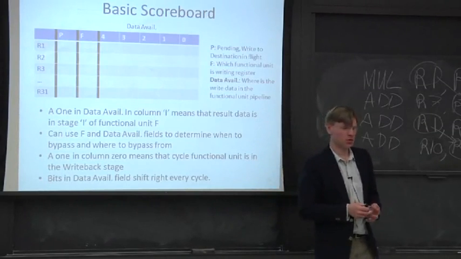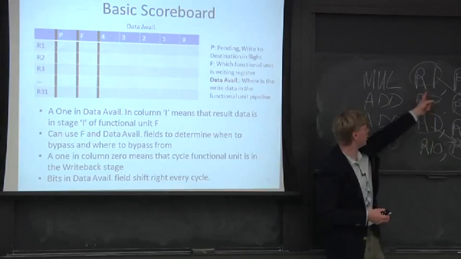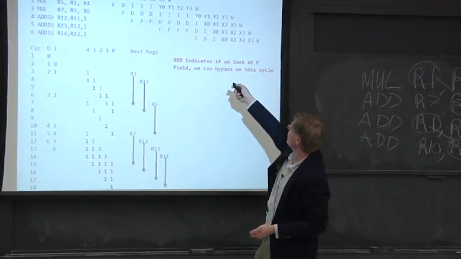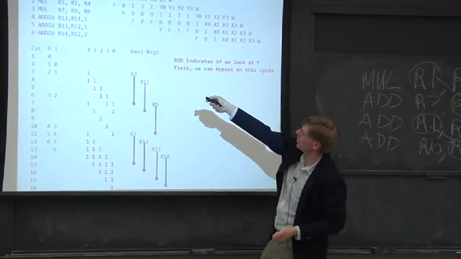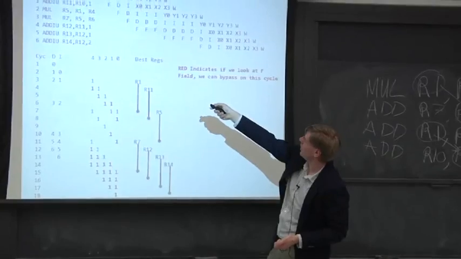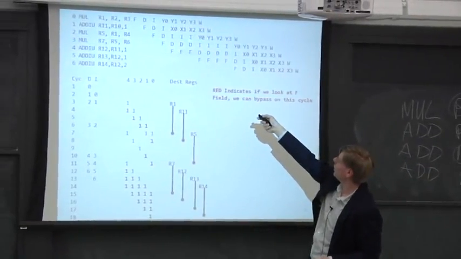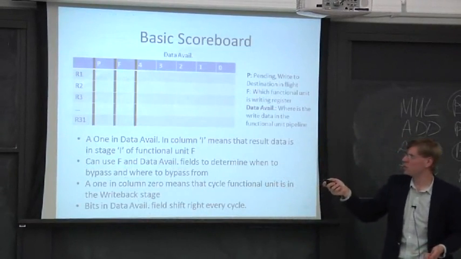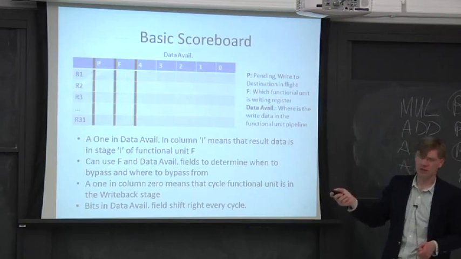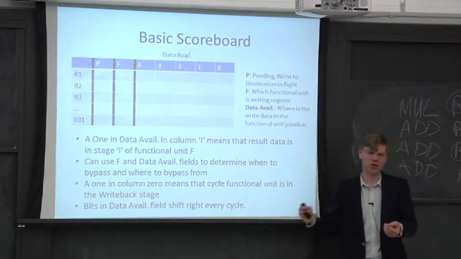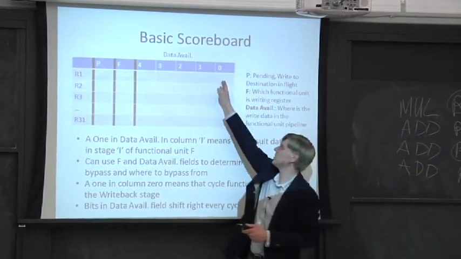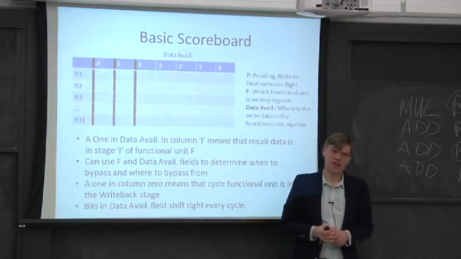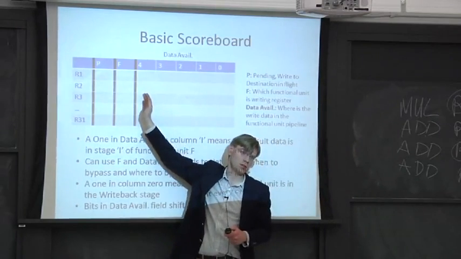I'll say it one more time. To see this, this is this example here. We have a mul that writes R1 and something else is supposed to read R1, but we end up stalling here. In this table, the way we know that is we know the functional unit. And because it says multiply, we know that we have to wait until it gets to here, or rather probably here, instead of trying to pick it off earlier.